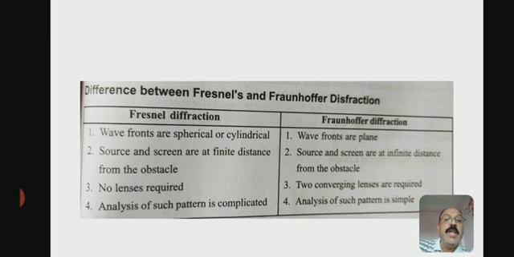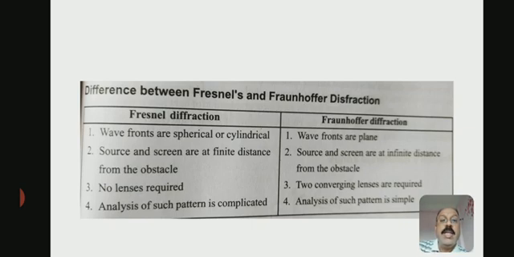Lastly, we discuss the difference between Fresnel and Fraunhofer diffraction. In Fresnel diffraction, wavefronts are spherical or cylindrical, but in Fraunhofer, the wavefronts are plane. Source and screen are at finite distance from the obstacle for Fresnel diffraction, but for Fraunhofer diffraction, source and screen are at infinite distance from the obstacle.